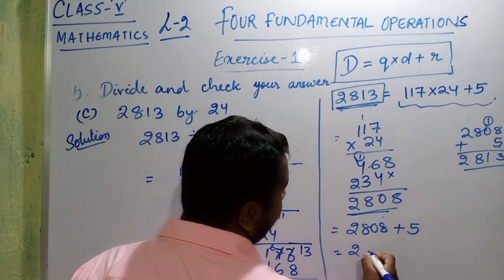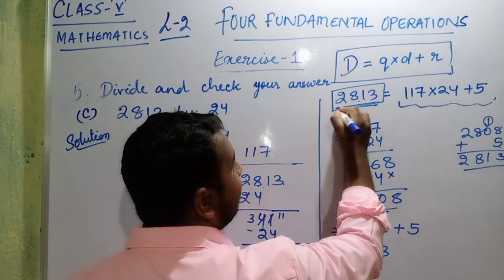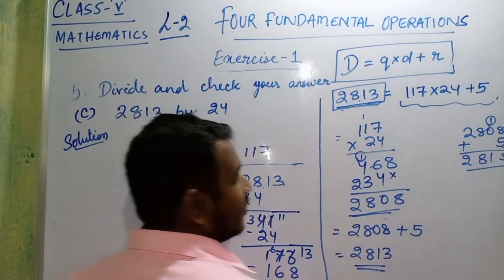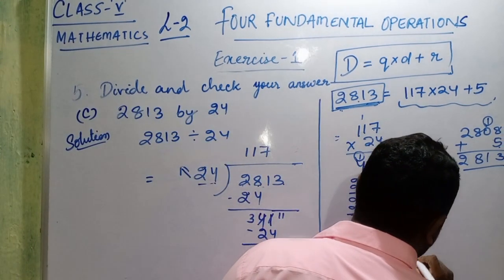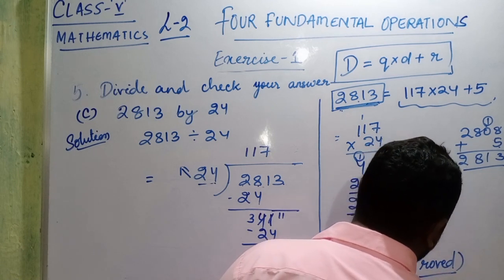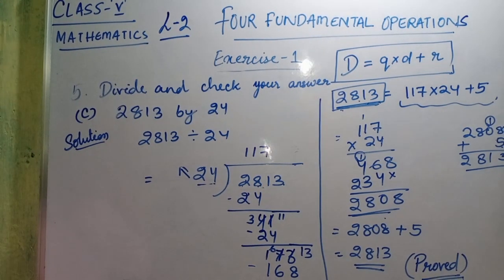Now 2813. Ultimately we got what is here in the box. So our process is correct. So you will write here proved. What will you write? Proved. So this is the way you have to solve the question.